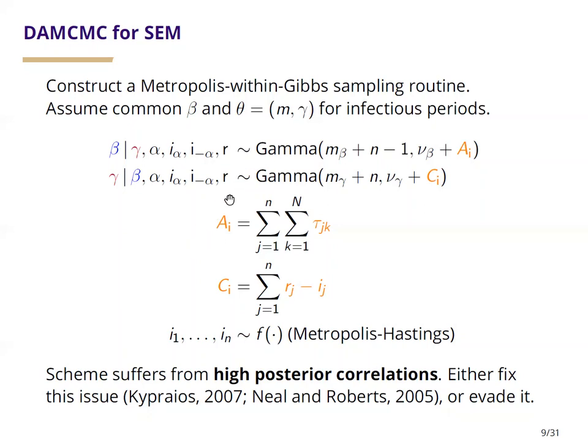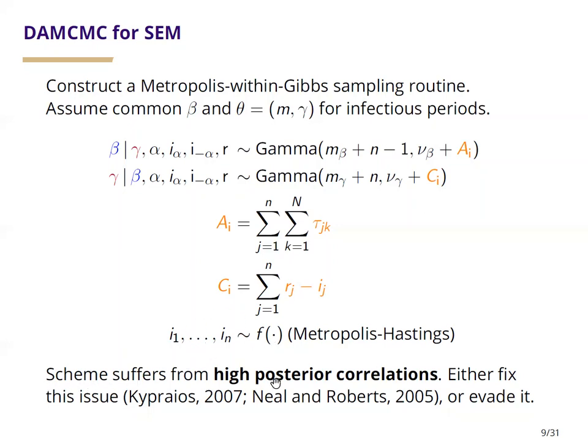Within this procedure, we'll have to calculate these values A sub I and C sub I, which here I'm trying to really emphasize with the color font and with the subscript I that these depend on the infection times that we're augmenting. And then we have a Metropolis Hastings step with some nice proposal density F to update the infection times I.